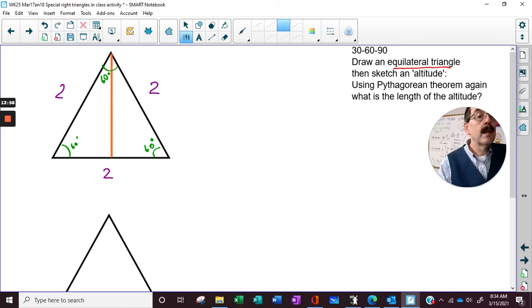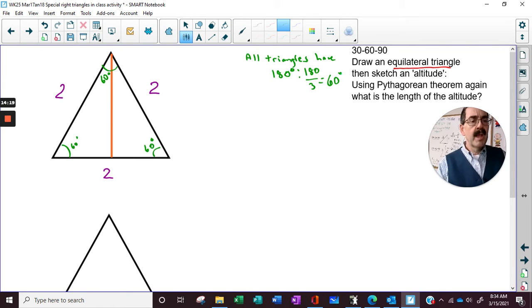What's that? All triangles have 180 degrees. 180 divided by 3 equals the 60 degrees.